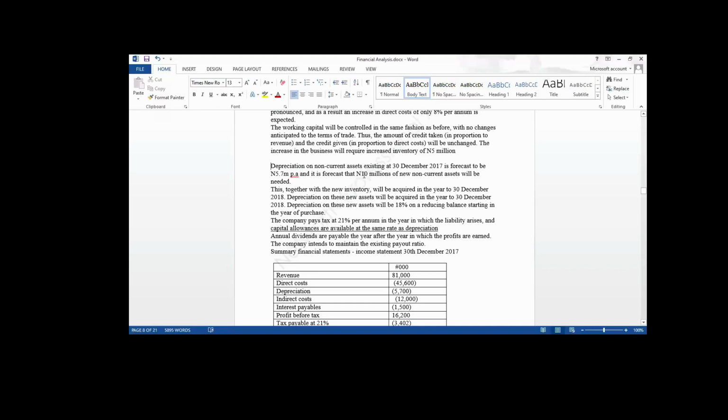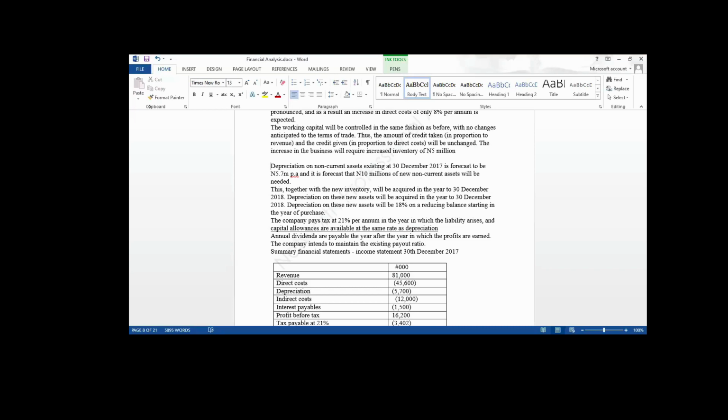That means in 2018, I'm going to have two depreciations: depreciation on the existing asset, 5.7 million, then depreciation on the new asset.